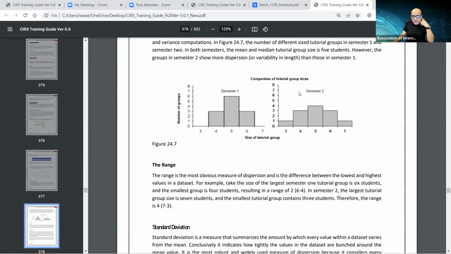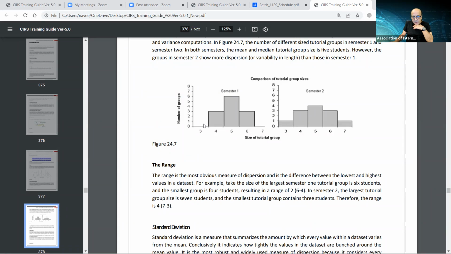So visually, it is going to give us a dispersion or a range. Range is anything that is from the 0 over here that moves to the right on the x-axis, and from 0 to the y-axis up to 8 groups. So the range is 8 and 7.